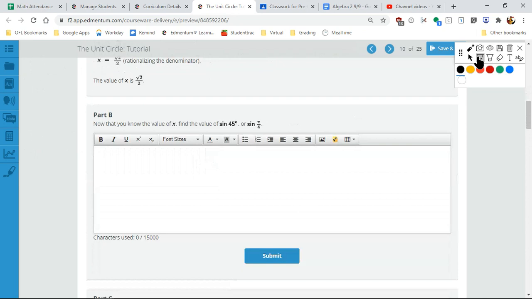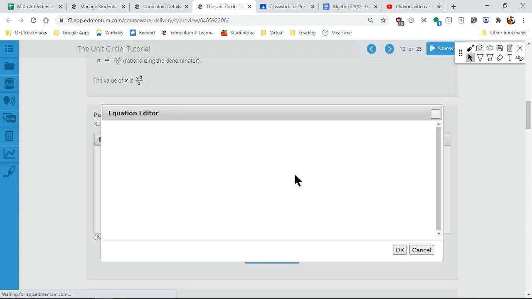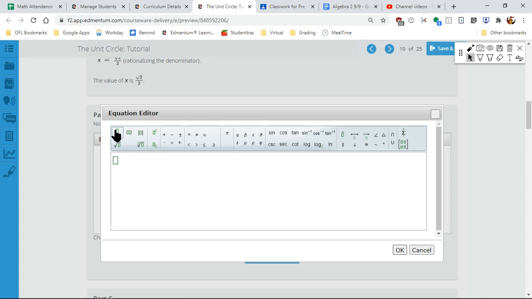So when you're doing this, these two are the same thing. That's why they say the or. They want you to get used to knowing it as radical or degrees. So our answer is just going to be square root of 2 over 2.